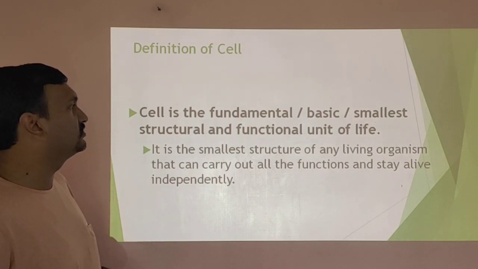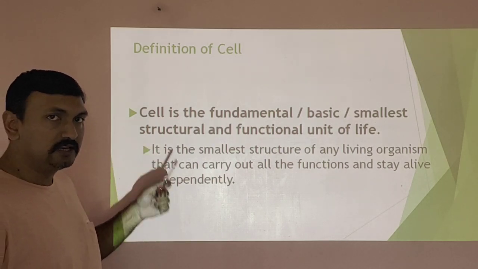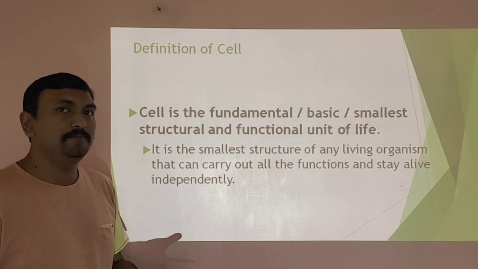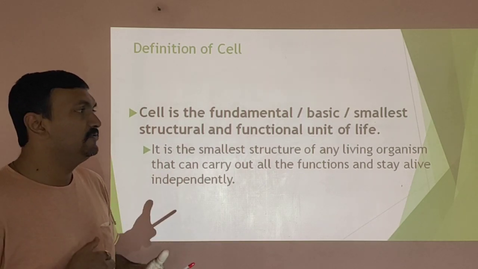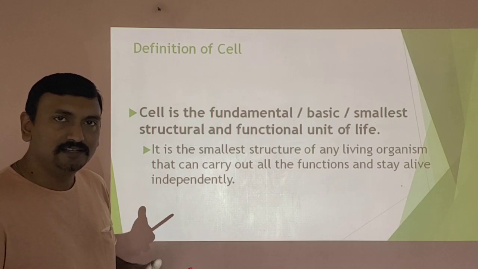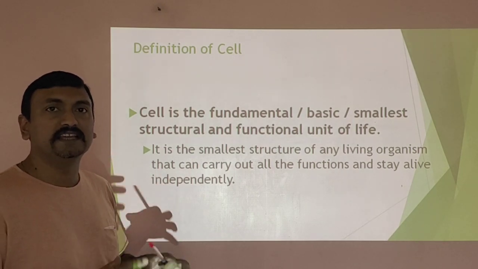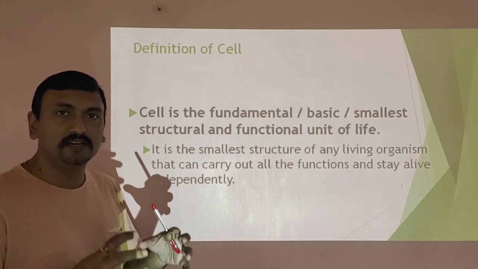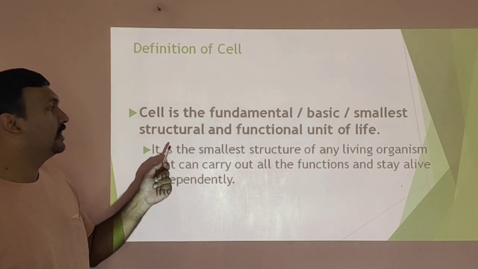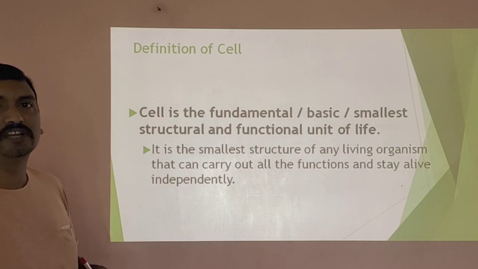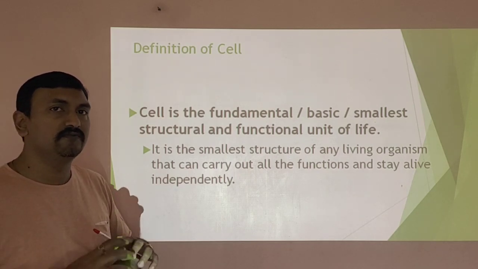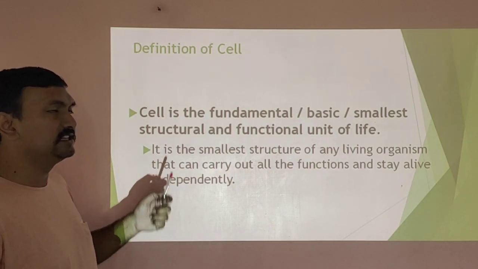Such a smallest structure will be a cell. It is not that you cannot break down a cell, you can break down the cell also, but if you break down the cell further, then that broken cell cannot exist as a complete independent unit. Therefore, a complete smallest structural and functional unit which can function independently is nothing but the cell.